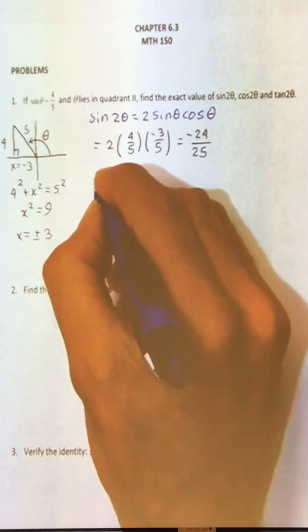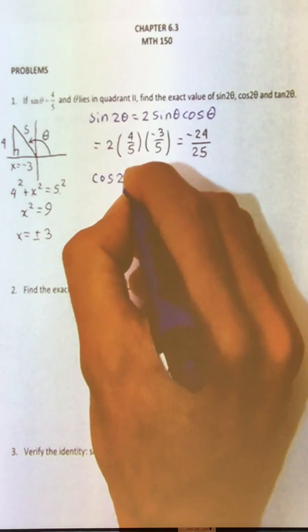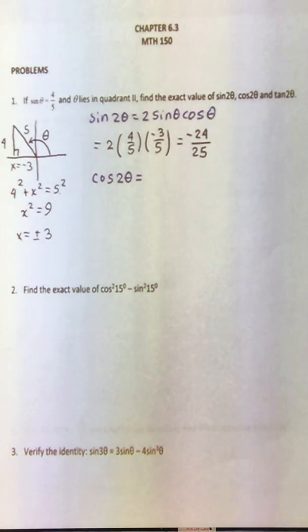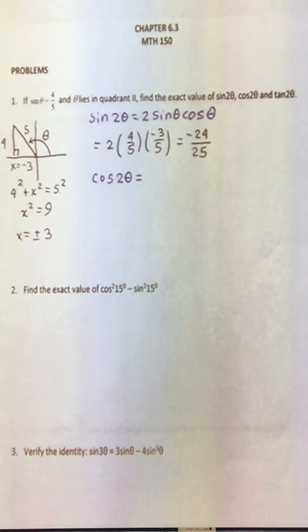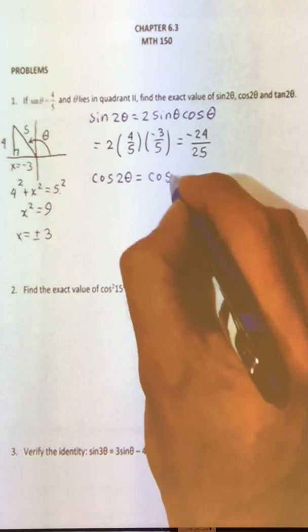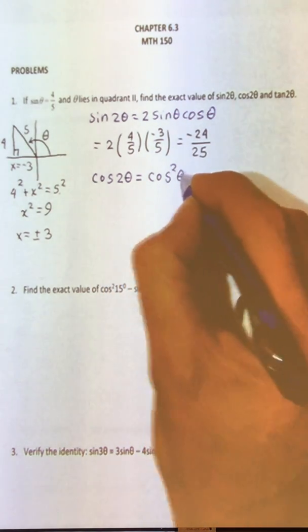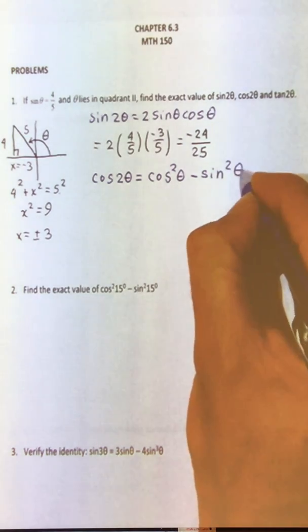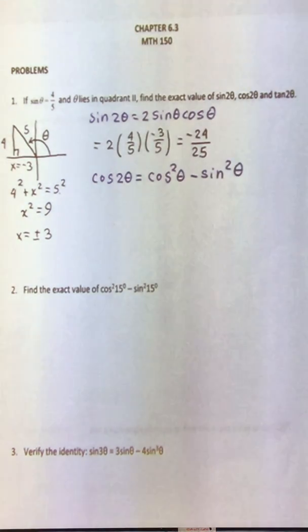To get the value of cosine 2 theta, there are 3 identities for the cosine of a double angle. And any one of the 3 used will result in the same answer but a slightly different way to calculate it. I'll use that cosine 2 theta is equal to the square of the cosine minus the square of the sine. And we'll pull each of these values right off the triangle.